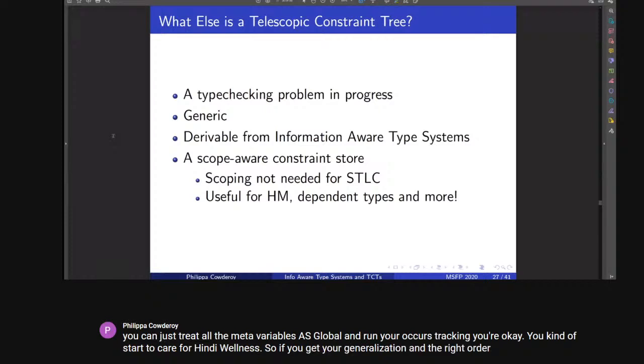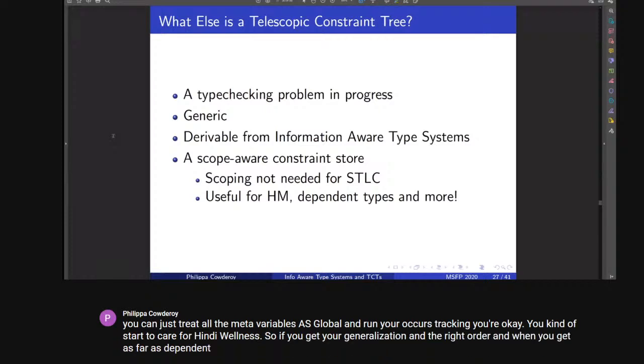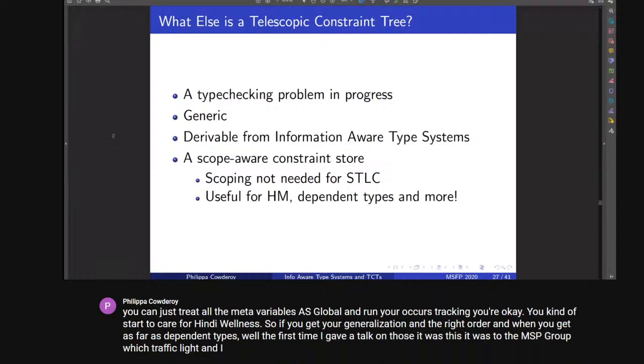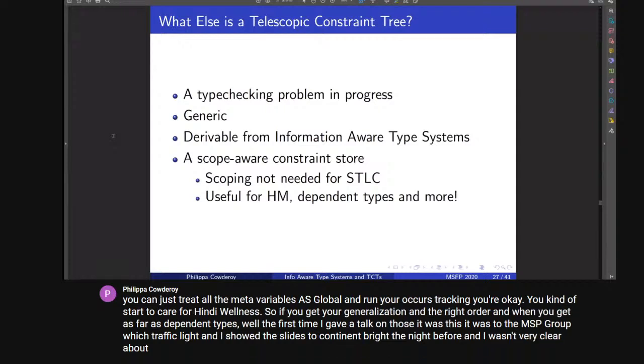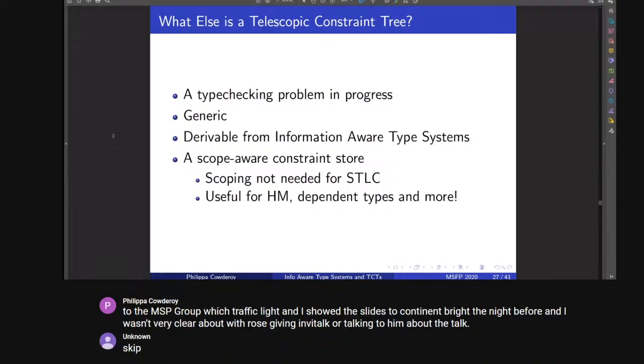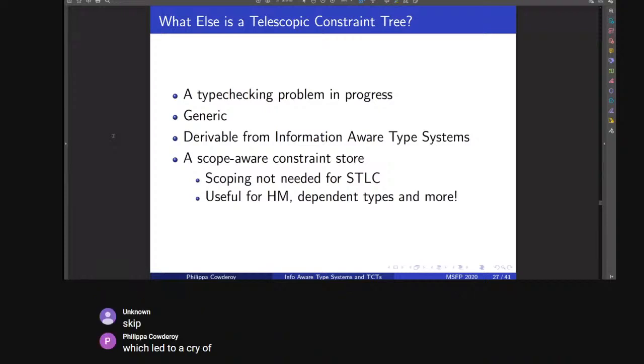And when you get as far as dependent types, well, the first time I gave a talk on those, it was to the MSP group at Strathclyde, and I showed the slides to Conor McBride the night before. And I wasn't very clear about whether I was giving him the talk or talking to him about the talk, which led to a cry of, I was doing that 20 years ago.